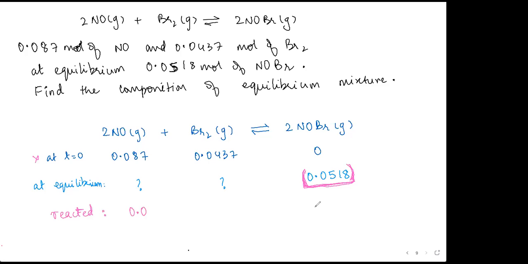X amount of NO. Yeah, what is X? You guys have done these kind of questions earlier. No, we have not done this in school. In the first chapter, when we are doing stoichiometry, it's that kind of problem.